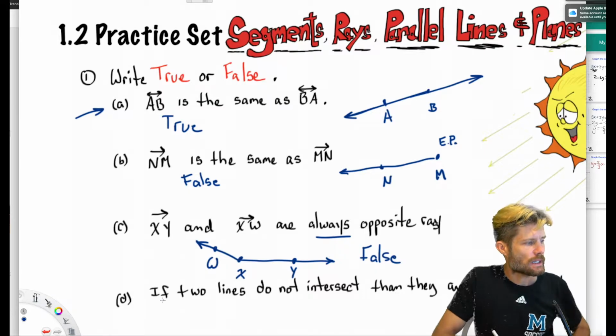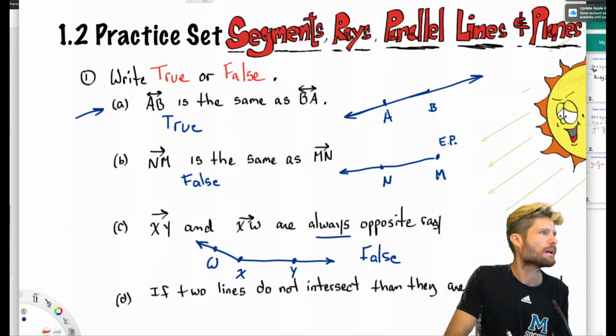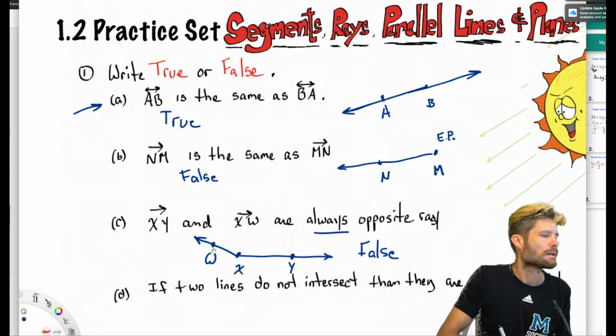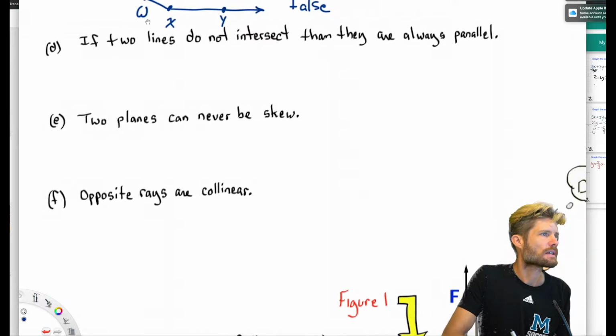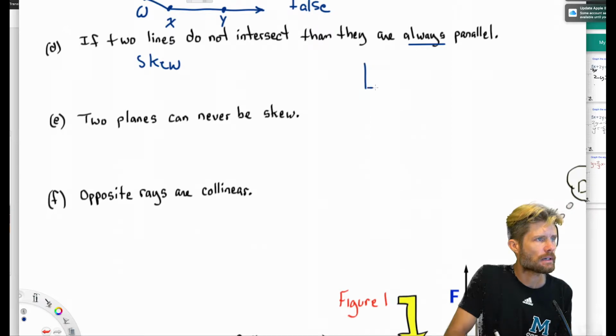Okay, so D, if two lines do not intersect, then they are always parallel. Well, parallel lines do not intersect, but they do not always have to be parallel. What's the other thing they could be? Well, they could be skew. So skew lines are not on the same plane.